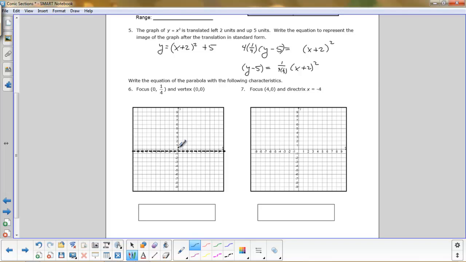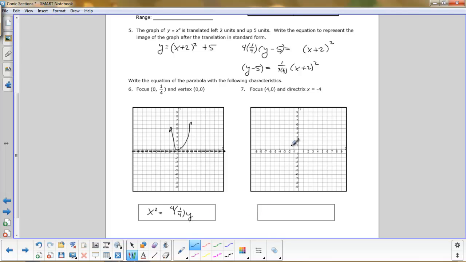The value of the reference point is going to be at 1/2, that's 2p, here and here. And so I have my parabola look something like this. So what that means is I'll get x squared equals 4 times the value of p, 1/4, times y.